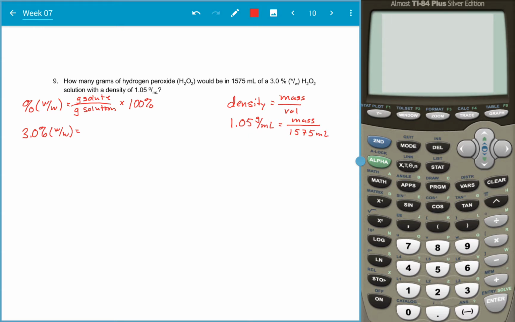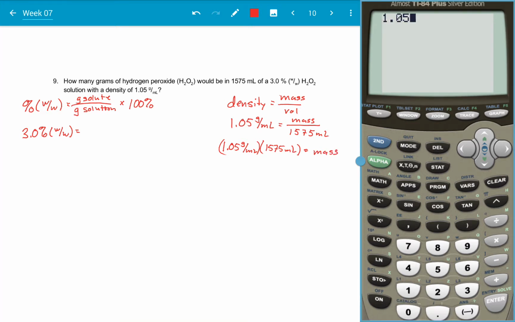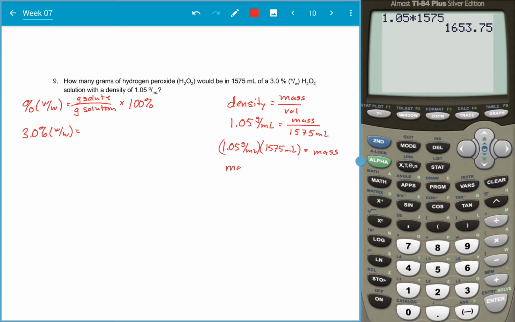If I bring that across and solve for mass, to three significant figures, I can say that my mass equals 1,650 grams.